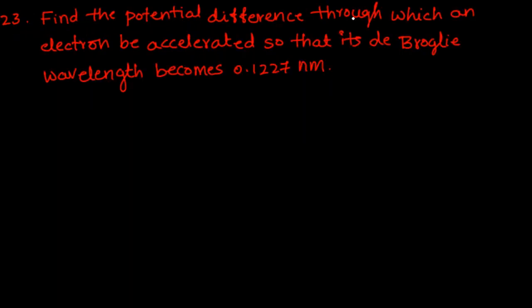Find the potential difference through which an electron be accelerated so that its de Broglie wavelength becomes 0.1227 nanometer.